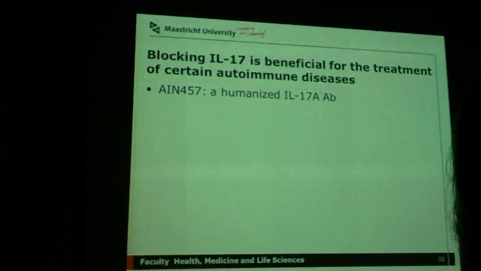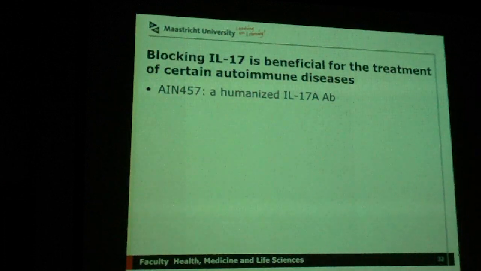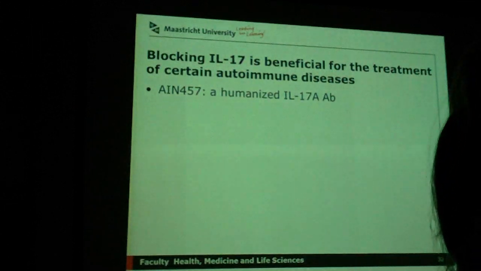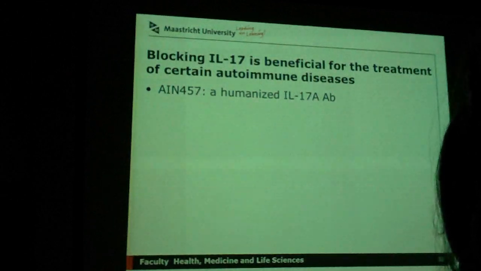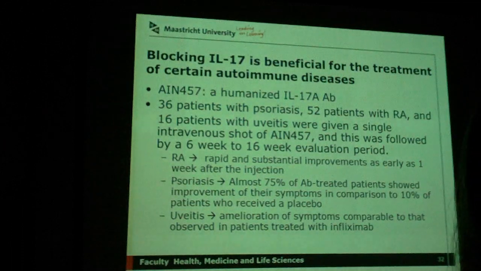Then people thought, well, if this molecule is so important for autoimmune responses, if this is really the pathogenic cell, you could try to interfere with this cell by blocking, for example, the IL-17A, so affect the molecule of the Th17 cells. Therefore, a humanized antibody was developed, and it was used in different trials: a trial with psoriasis, rheumatoid arthritis, and uveitis.